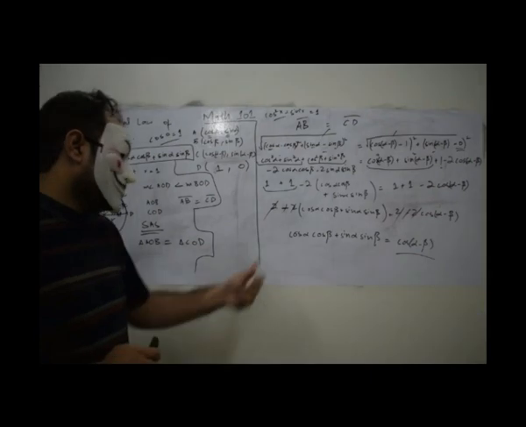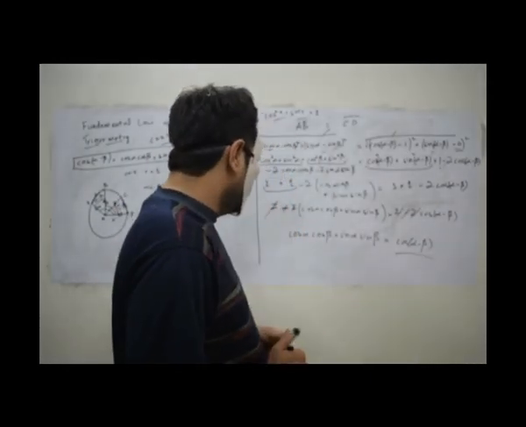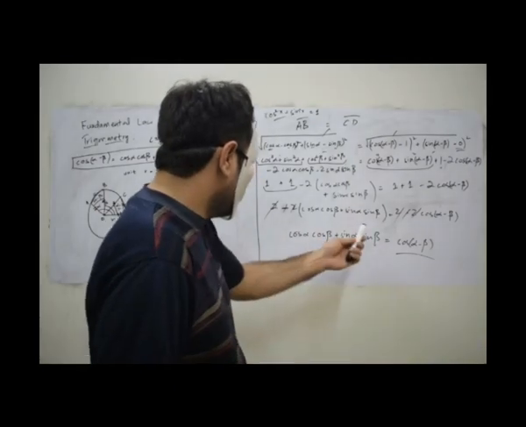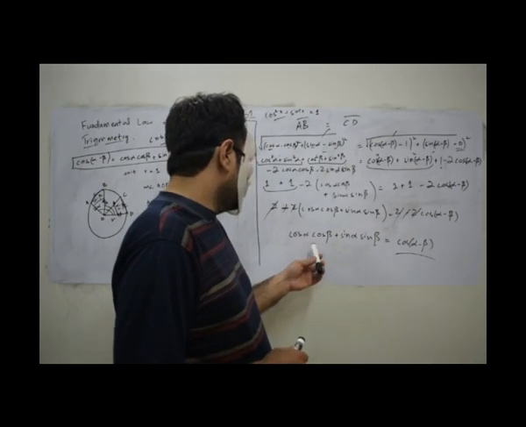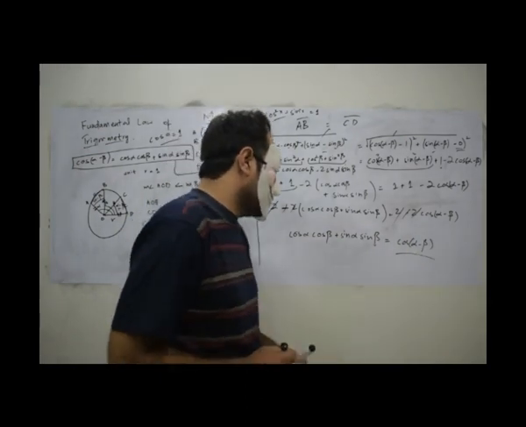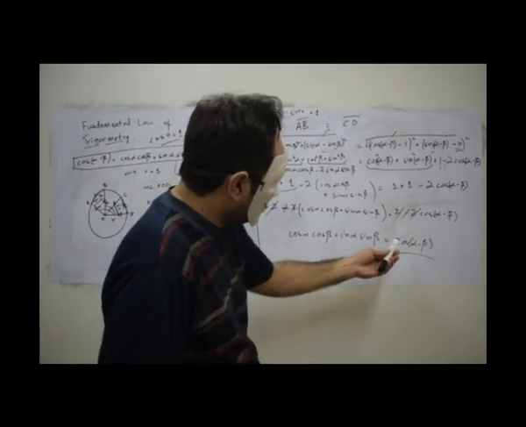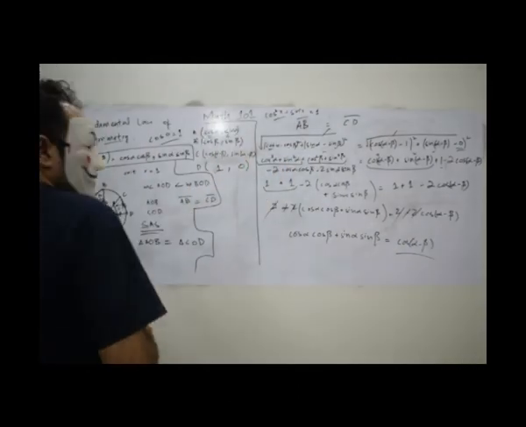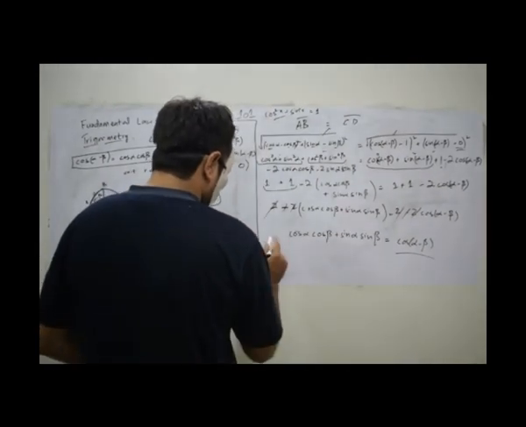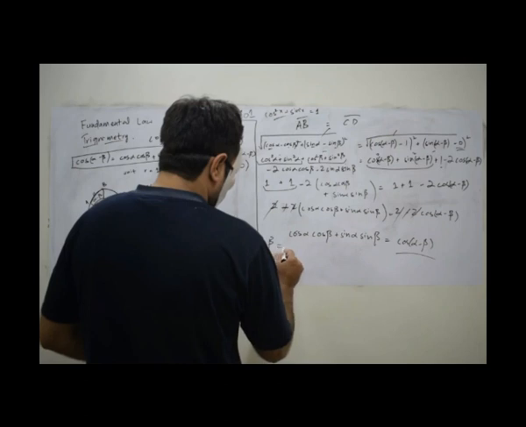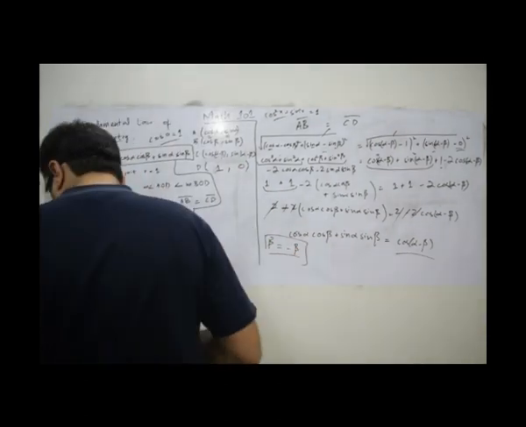Now we can derive many things from this fundamental law of trigonometry. For example, we have just derived it for the difference of angles. We can also use it to derive the sum of angles. For example, if we replace beta by minus beta, then this equation becomes something else.